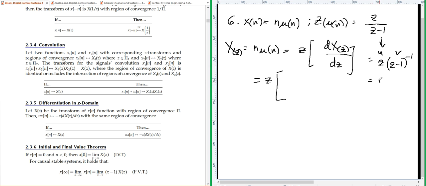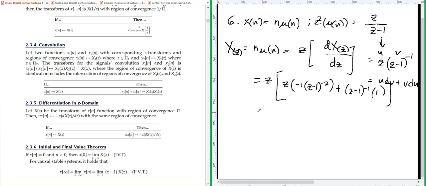The product rule states u dv plus v du. So u is z, dv is negative 1 times z minus 1 to the negative 2, plus v, which is z minus 1 to the negative 1, times the derivative of z, which is 1.